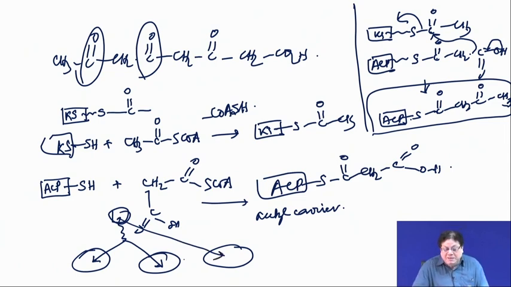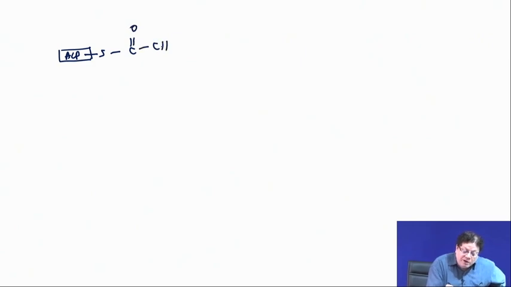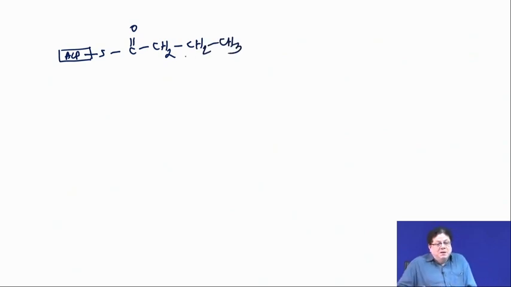If all the 3 are present, then this CO will be saturated, it will be CH3, CH2, CH2, CO, S, ACP. Okay. So, now we know that after the Claisen condensation, and if the ketoreductase, dehydratase and everything is present, then we will end up with this butyryl coenzyme A. This CH2 was earlier CO.